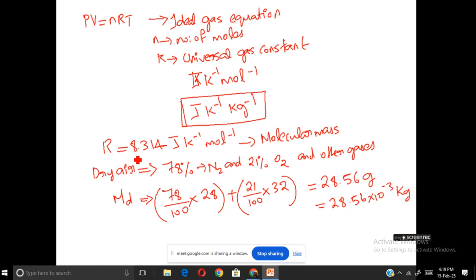So 8.314 corresponds to 28.56 × 10^-3 kilogram of dry air.